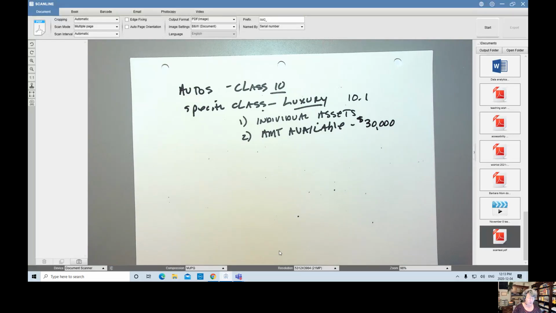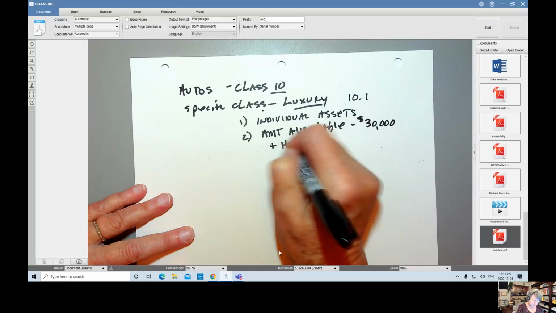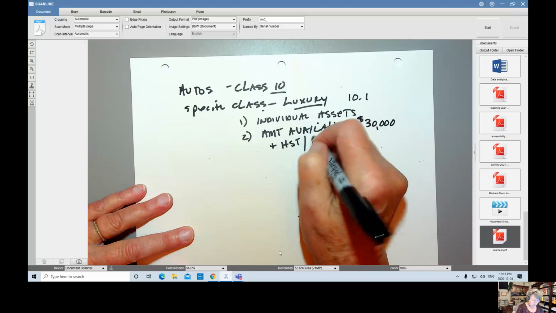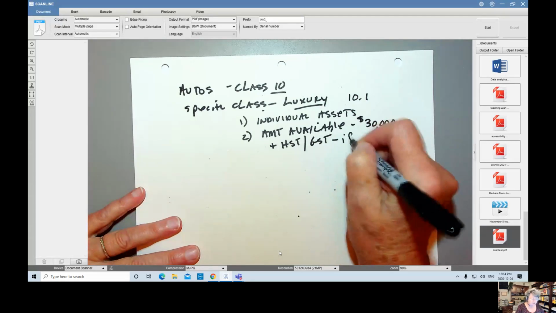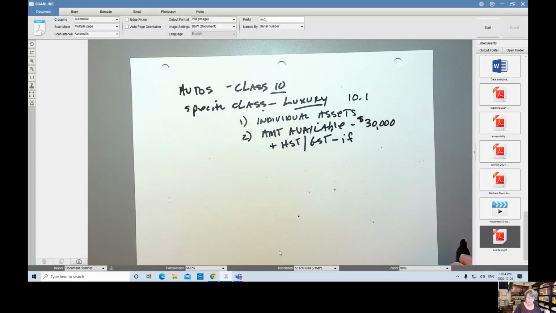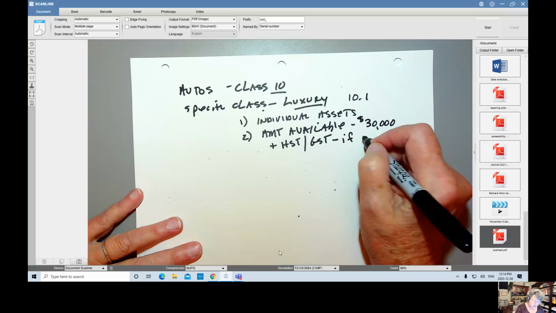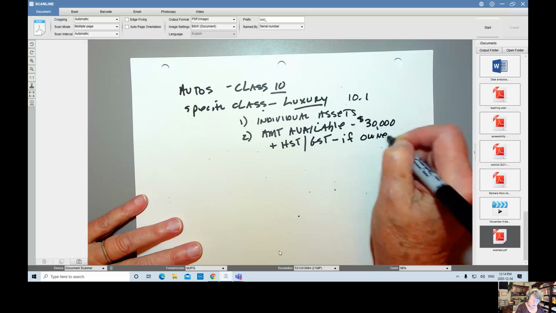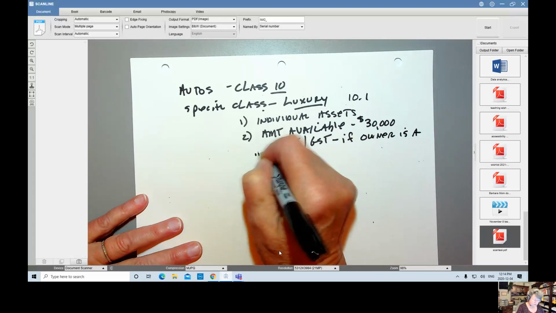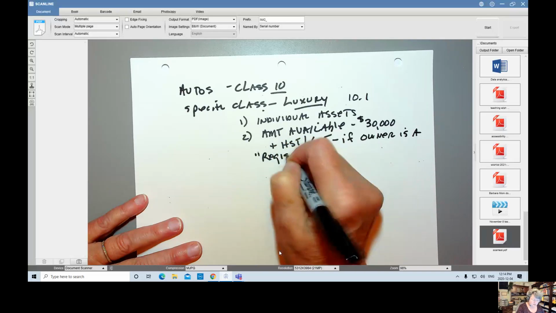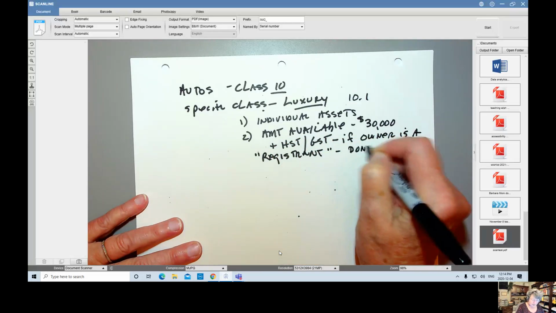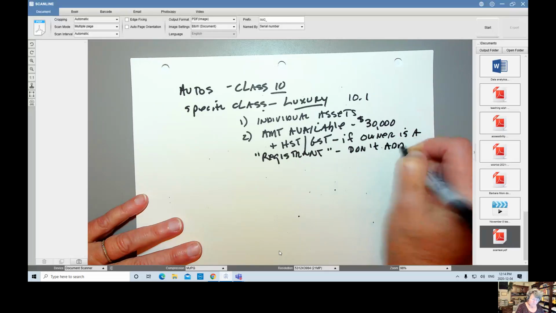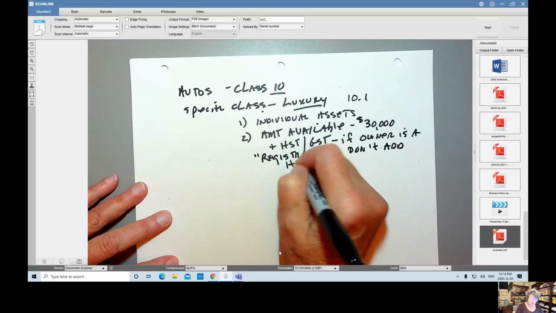Now, that would be 30,000 plus HST, GST, but in some cases. We'll talk about this when we look at the HST, GST rules. If the owner is a registrant, you don't add the HST or GST.